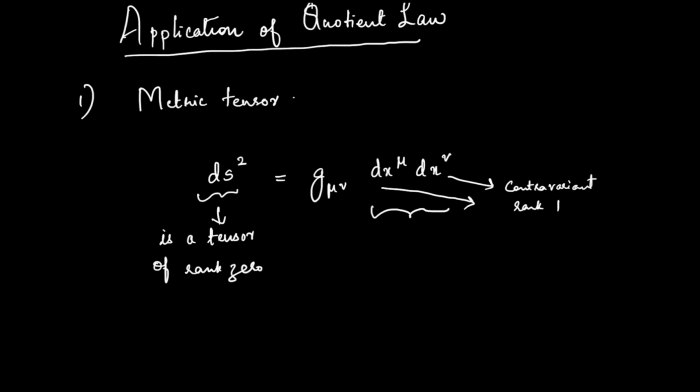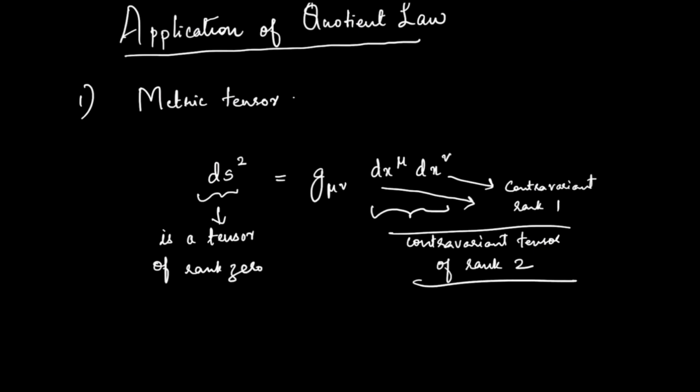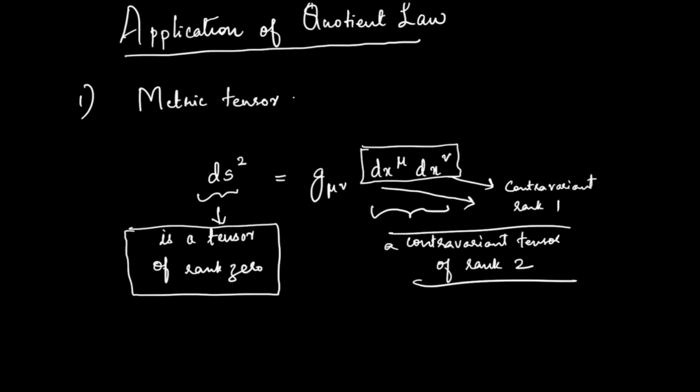So this outer product must be a contravariant tensor of rank 2, because outer product means the rank will increase. So dx mu and dx nu, if I take the outer product, then the result will be a contravariant tensor of rank 2. And on the left hand side, we know ds square is a tensor of rank 0.